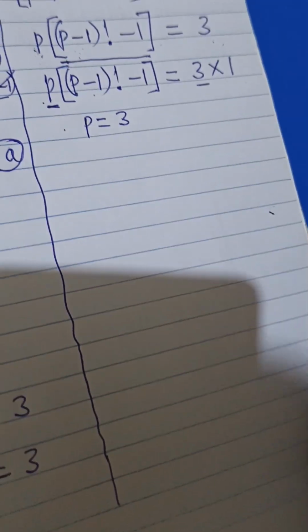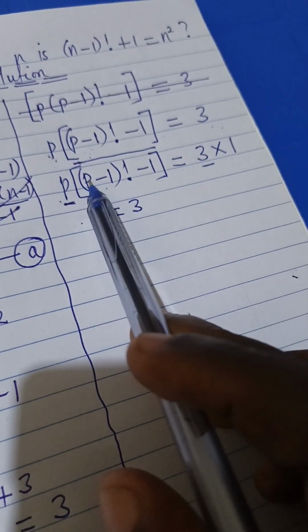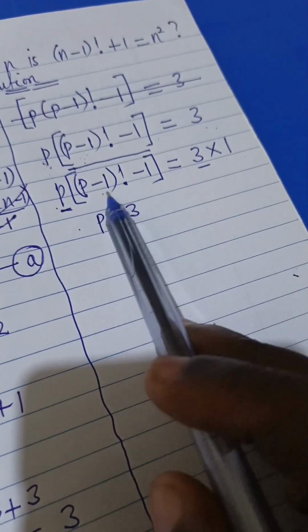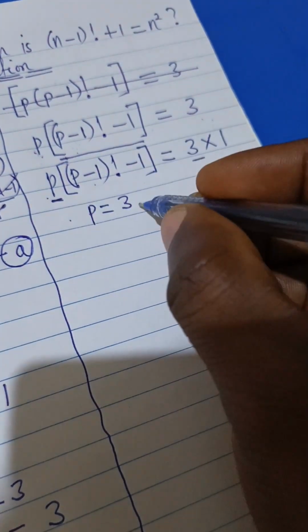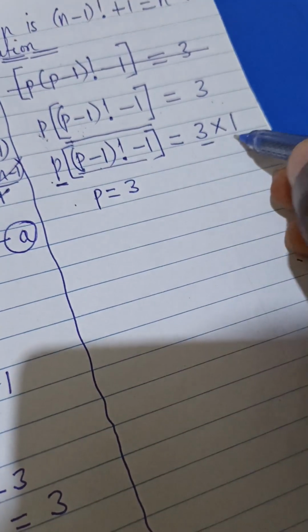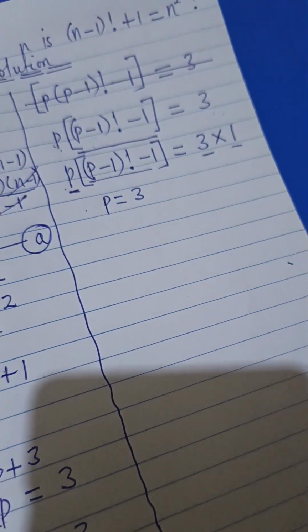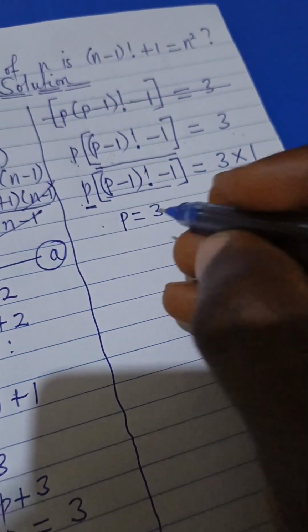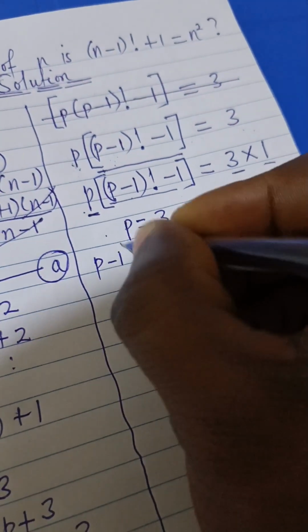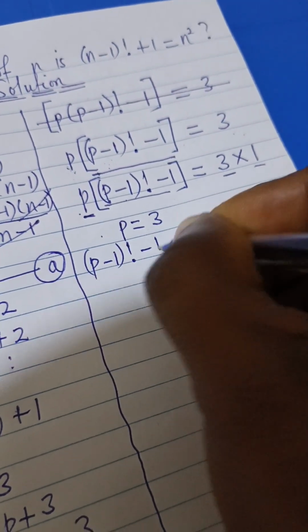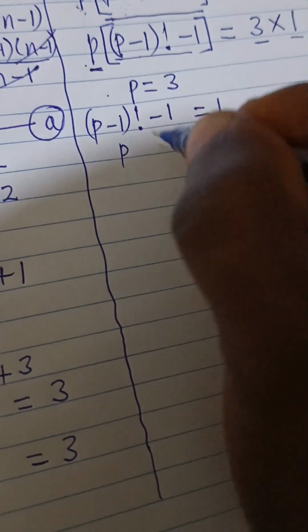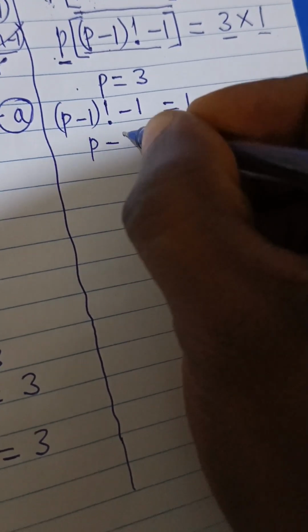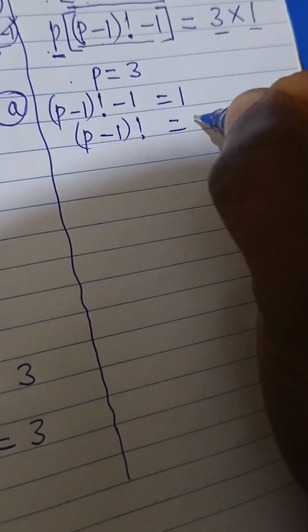But that is on condition that whatever this p here is will also be equal to 3. Let's see. If p is 3, then when we solve this to be equal to 1, we should get p to be 3. Let's see. p minus 1 all factorial minus 1 is equal to 1. So in that case, p minus 1 all factorial is equal to 2. I send the 1 there, and that becomes 2.